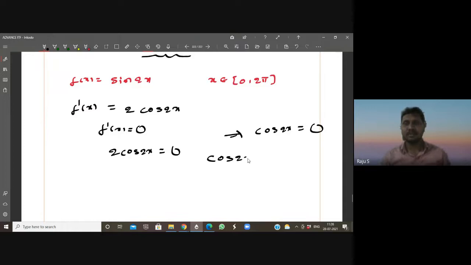Shall I write cos 2x equals 0 using 2n plus 1 into pi by 2? Here n belongs to Z. For every integer, 2n plus 1 pi by 2 always gives 0.